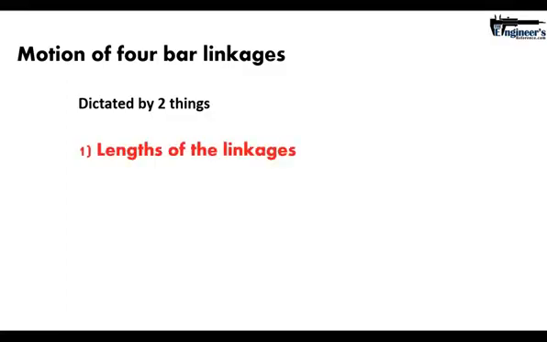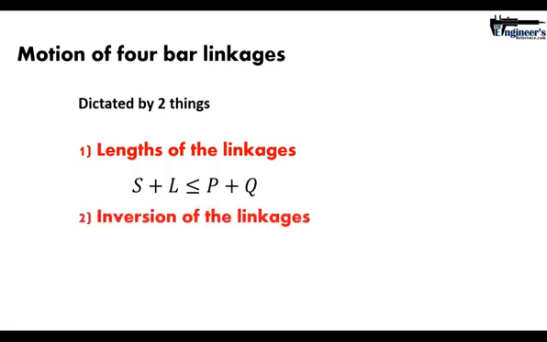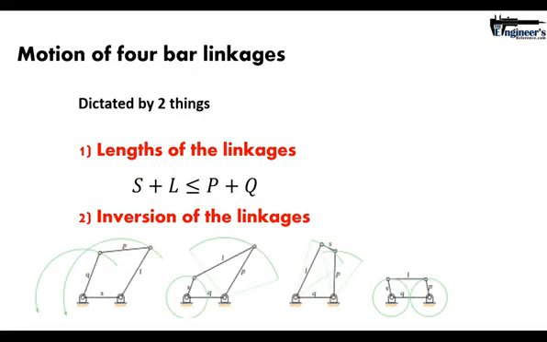So let's think about the motion of the 4-bar linkages. Now, it's dictated by 2 things. The Kutzbach didn't take these into account, but the Grashof actually does. So it's dictated by the lengths of the linkages, hence the Grashof inequality, and the inversion or configuration of the linkages, how these linkages are actually configured together.